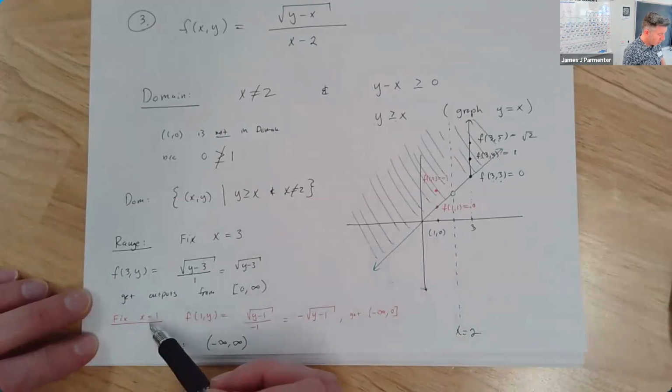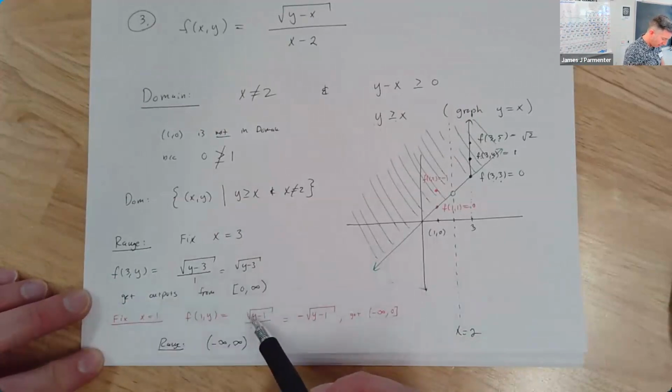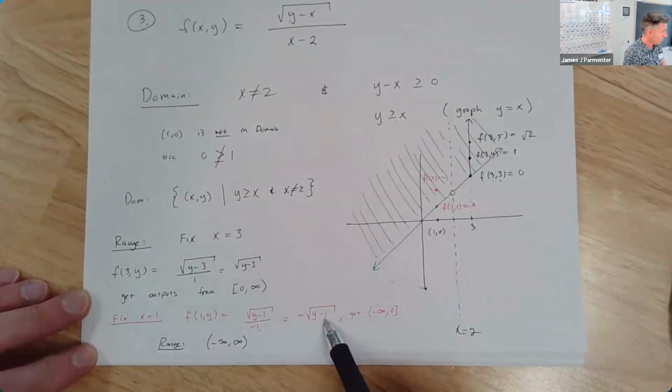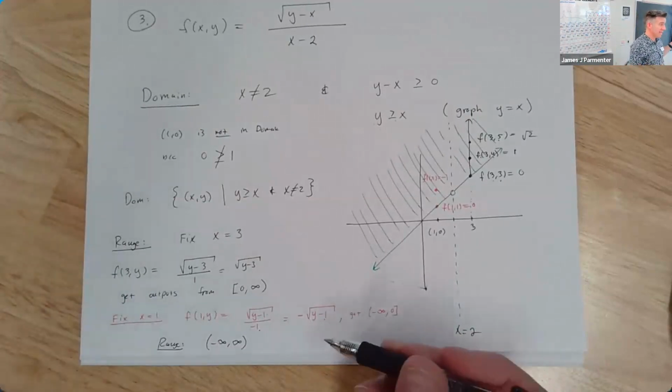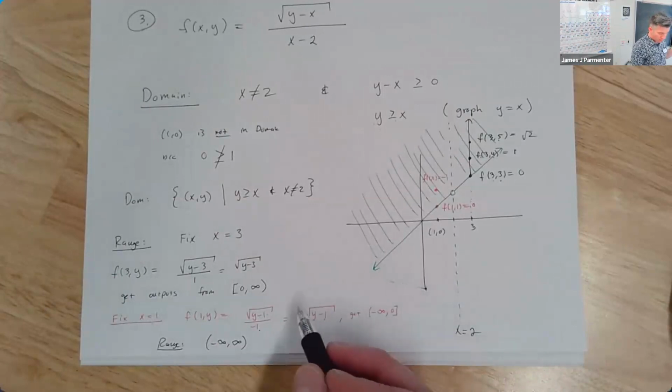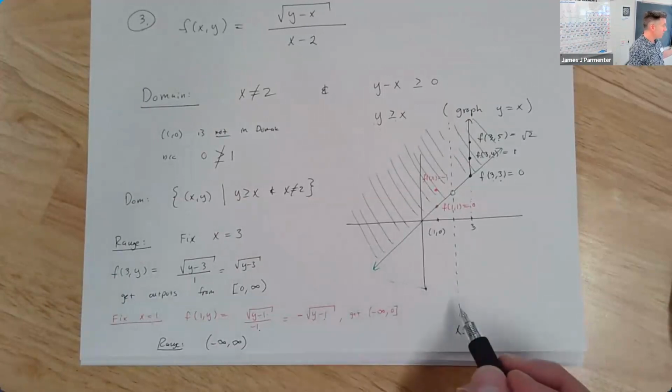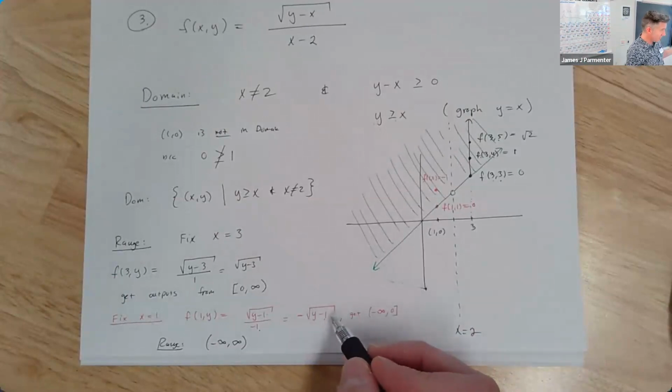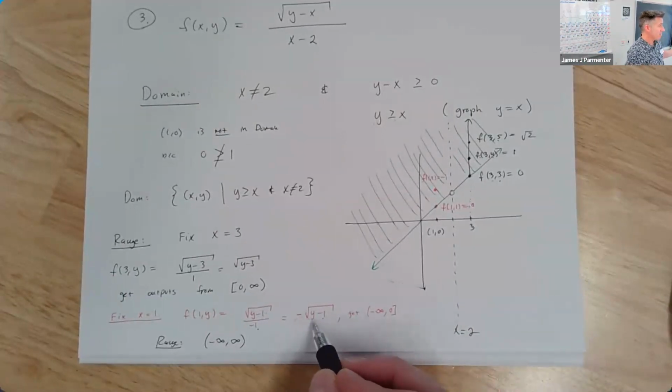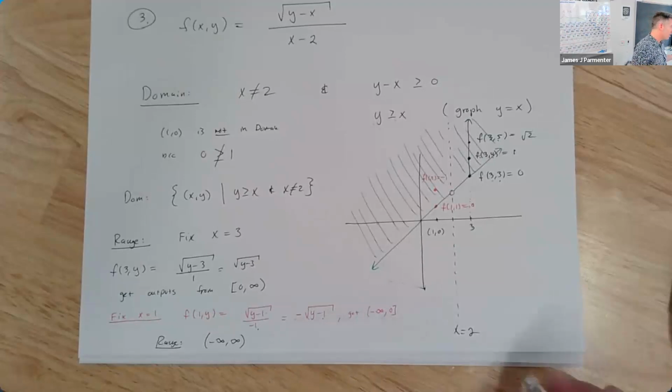If I plug in x equal to 1, I get the square root of y minus 1 over 1 minus 2, which ends up being the negative square root of y minus 1. If I let y be as low as possible, which is now as low as 1, 1 minus 1 is 0, square root of 0 is 0. And if I let y get infinitely large, I get the square root of infinity, which is infinitely large, but it's the negative of that. So it's really negatively infinitely large. I go all the way down to negative infinity.